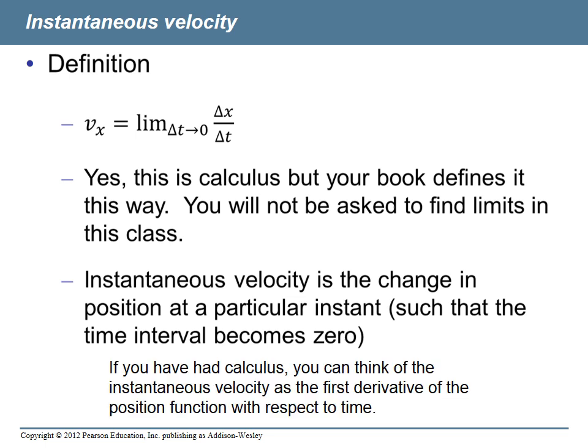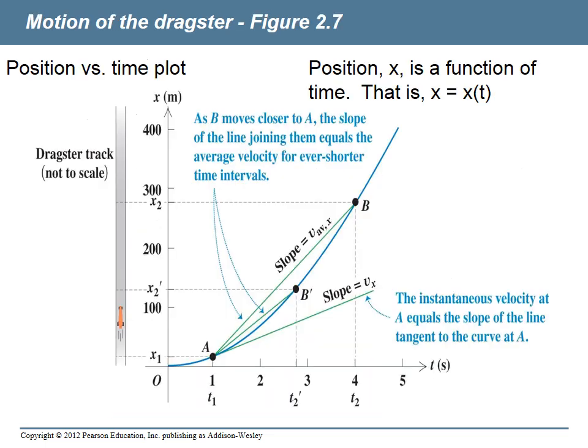If you have had calculus, for those of you that are taking this and you have had calculus, you can think of instantaneous velocity as the first derivative of the position function with respect to time. You can ask me about this in class if you want more, or in office hours, but it's beyond the scope of this class to define it in those terms.